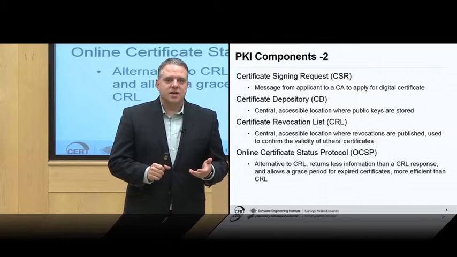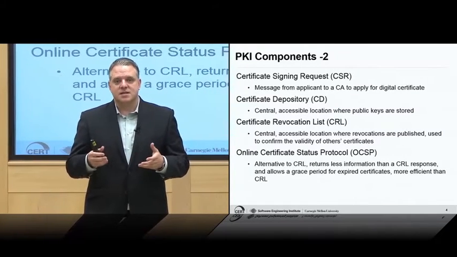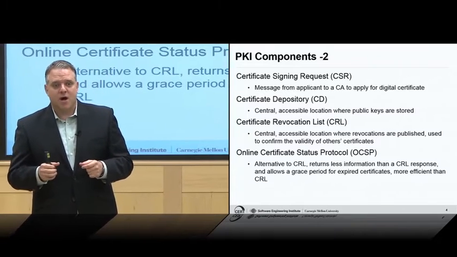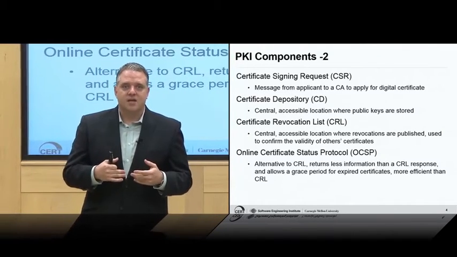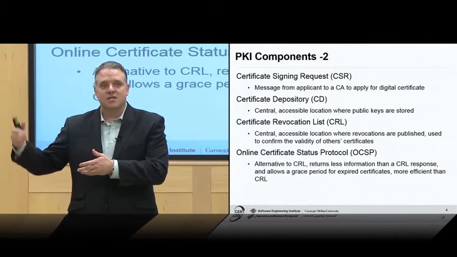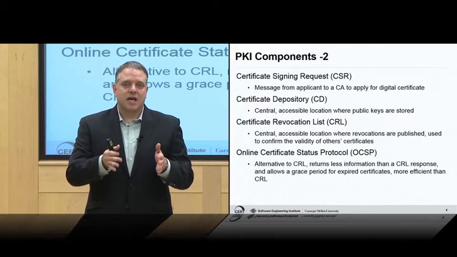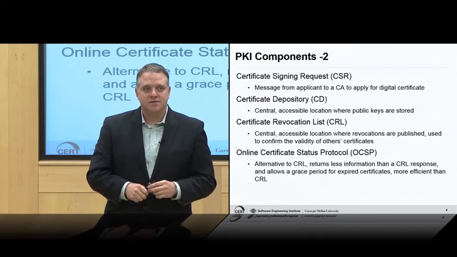You'll also see things like certificate signing requests, or CSR. This is the formal process for when I request a certificate. I need to send information to the certificate authority to generate a certificate for me. The information that they need is contained in that certificate signing request.